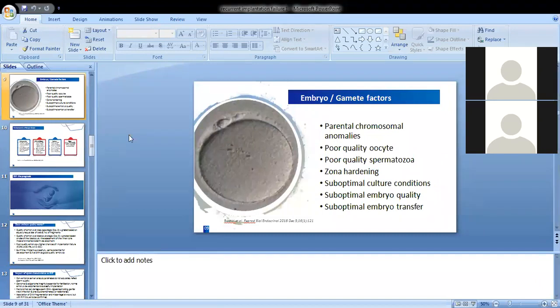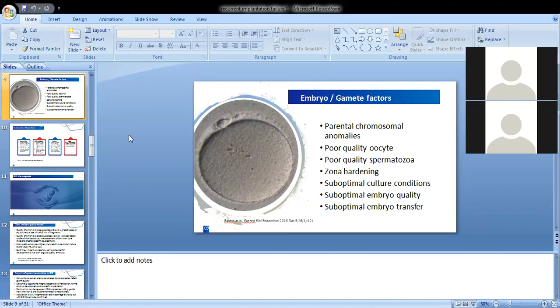Now coming to embryo factors. As all of us know, a good quality embryo or an euploid embryo is necessary for implantation and a live birth. Now, the age-old wisdom is that growth of the embryo or cell divisions up to the 4-cell or 8-cell stage depends on maternal RNA signals, maternal RNA transcriptions.